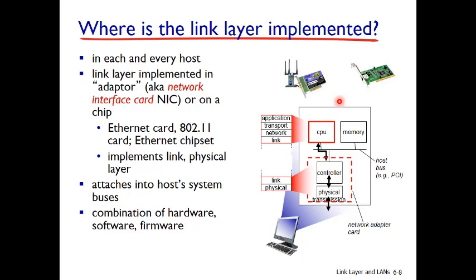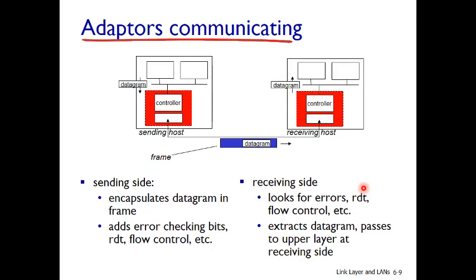So here your CPU may implement from the link layer up to the application layer, and then you have a controller which may implement link and physical layers. Okay, and all of that would be inside your network adapter card.